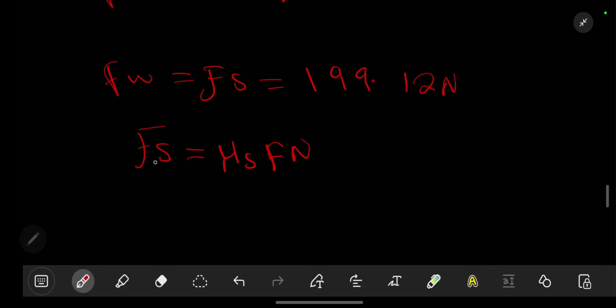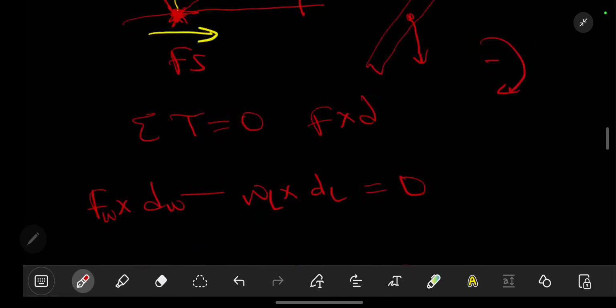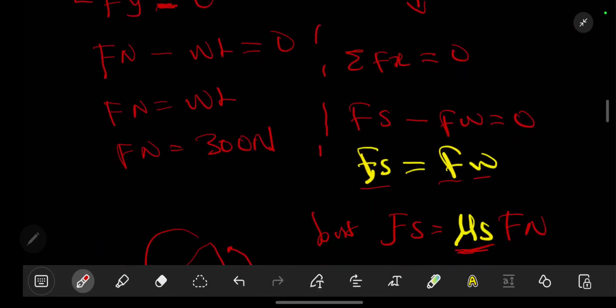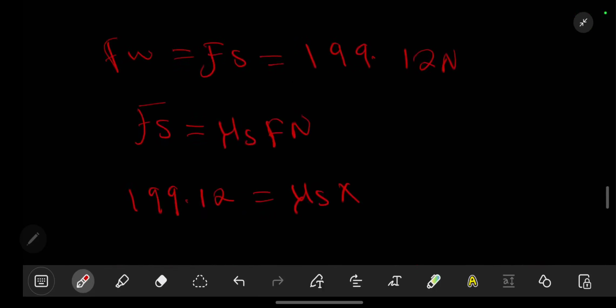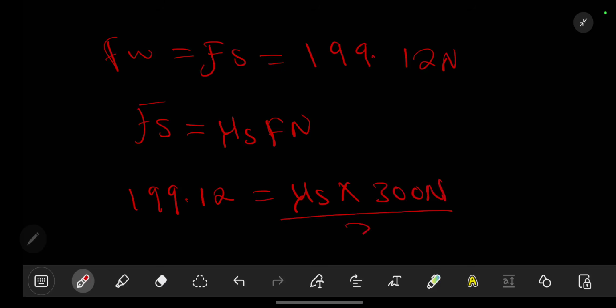We are just going to replace our Fs: 199.12 should be equal to our mu s, which we don't know, times the normal force. Remember, the normal force we found to be 300 newtons. So we divide both sides by 300 newtons, like that.